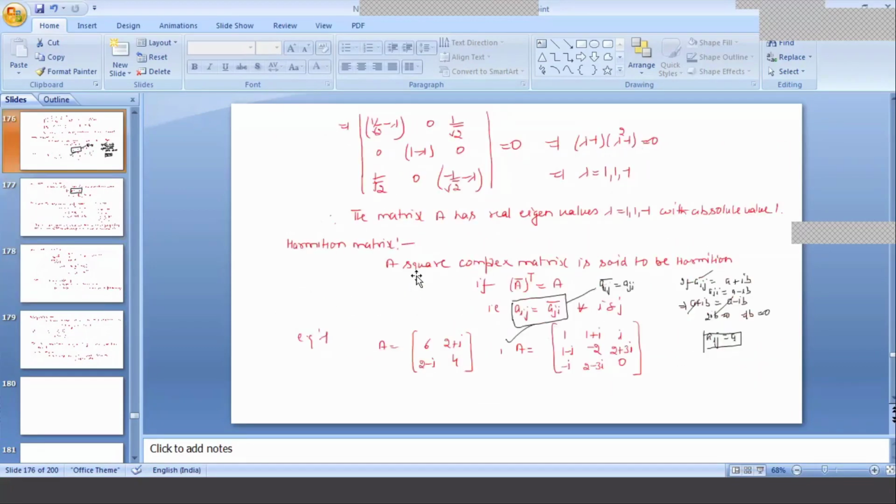Calculate the eigenvalues: prove it is Hermitian and then calculate its eigenvalues.